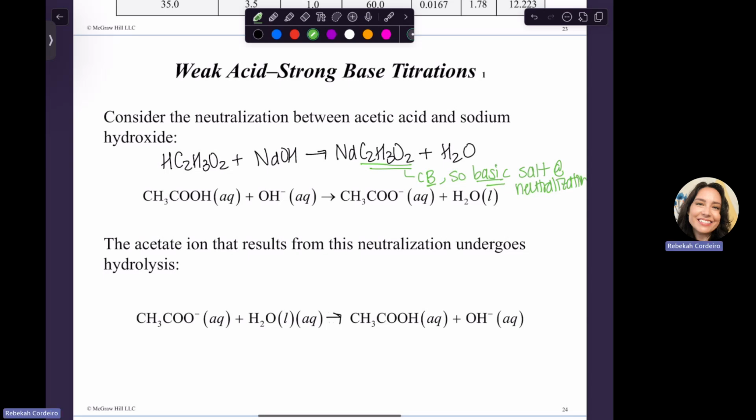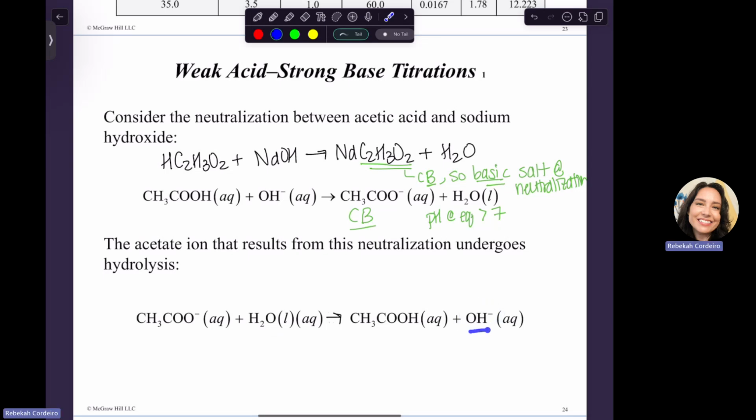At the equivalence point, our pH wouldn't be 7. It would be a little bit above. So the pH at the equivalence point, we would expect to be above 7 because this is a conjugate base, remember? It's not a neutral salt that we make. So that acetate ion is then going to react with water and make hydroxide again.